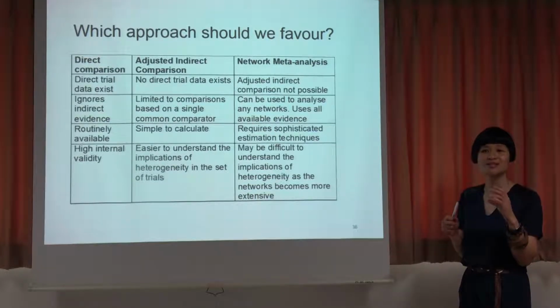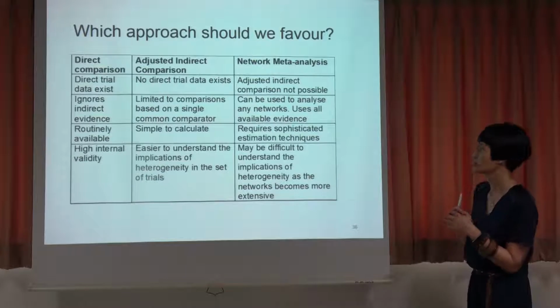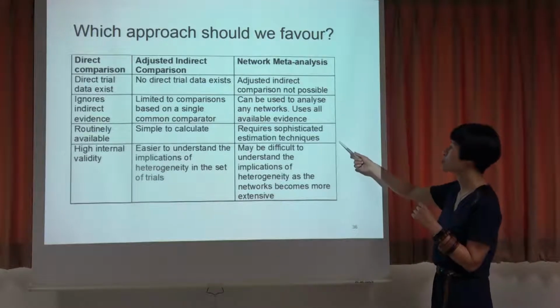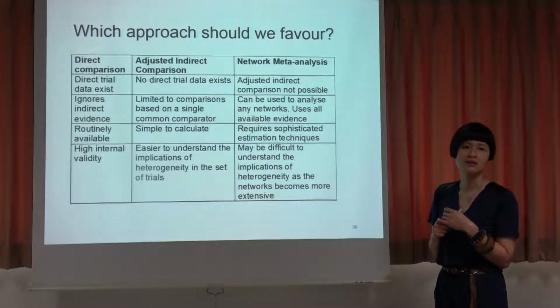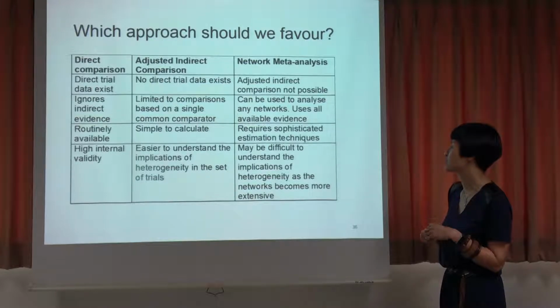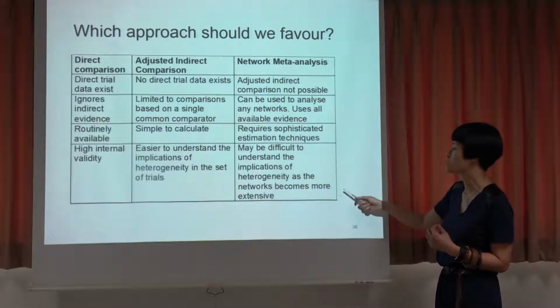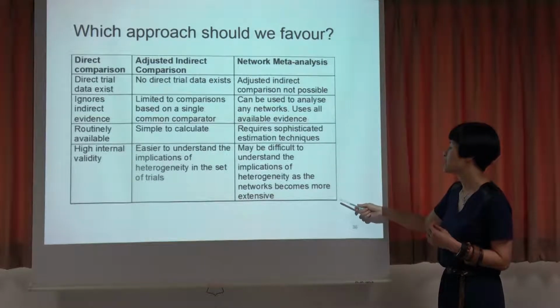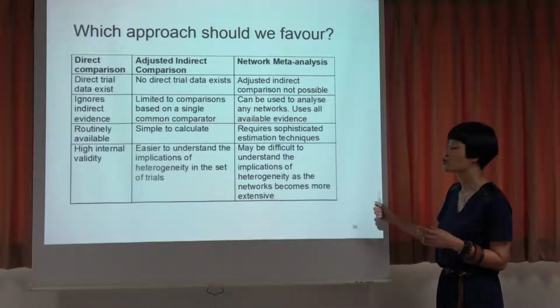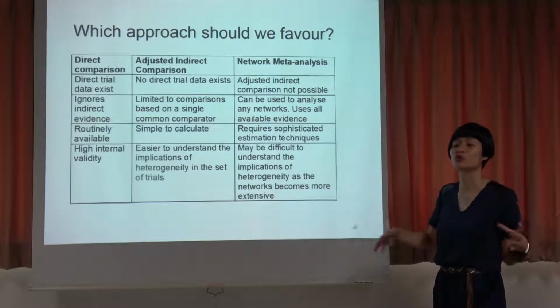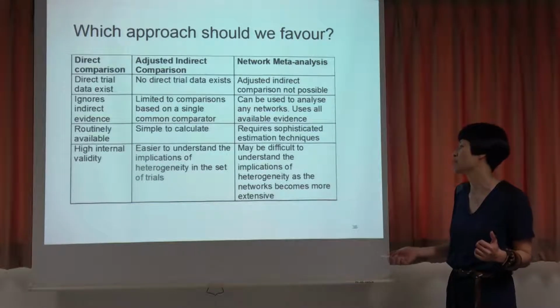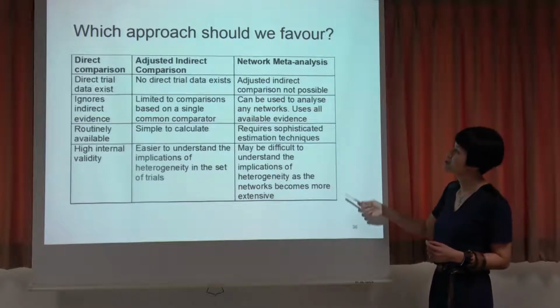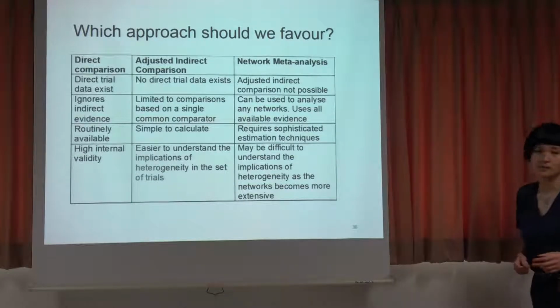But the key is the network. It's got to be connected. It requires quite complex analysis, and it could be difficult to understand the implications of heterogeneity. When you see inconsistency and heterogeneity in a network, it's quite difficult to understand. It could be quite extensive because you're bringing so much information together. So that's the trade-off for network meta-analysis.